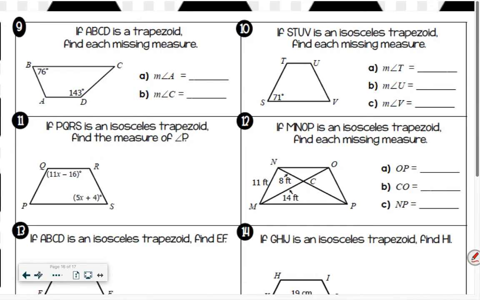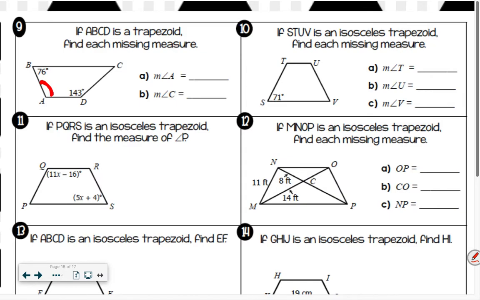Number 9, I have a trapezoid. It's not necessarily isosceles, just a regular trapezoid. I need to find the missing angle. Well, here's angle A. What do I know about my angles in a non-isosceles trapezoid?